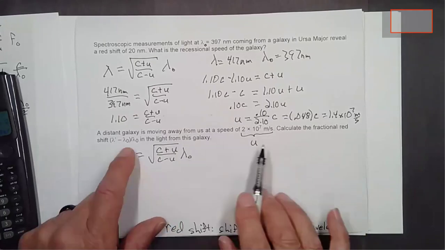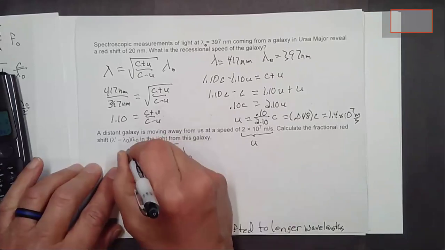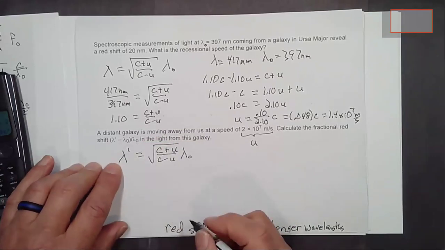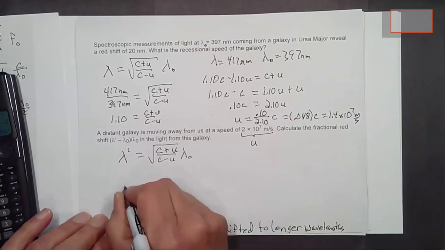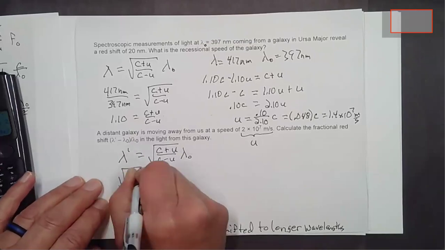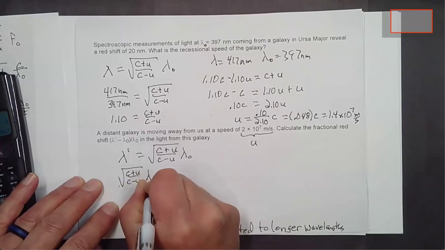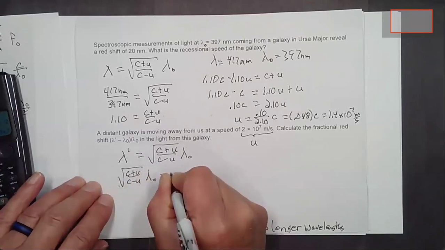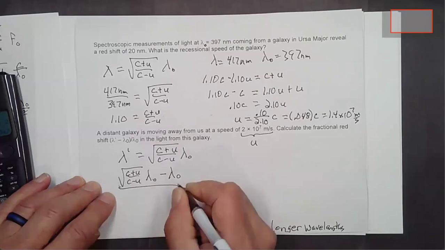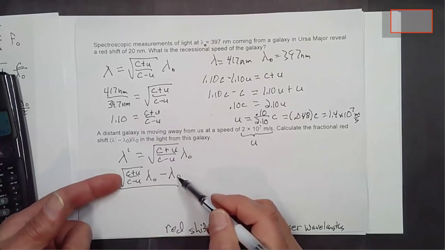But I want the fractional redshift, which I guess we can call this lambda prime. So lambda prime minus lambda naught. Lambda prime is the square root of (C plus U) over (C minus U) times lambda naught. And then I've got minus lambda naught. This would be the difference in the wavelengths.